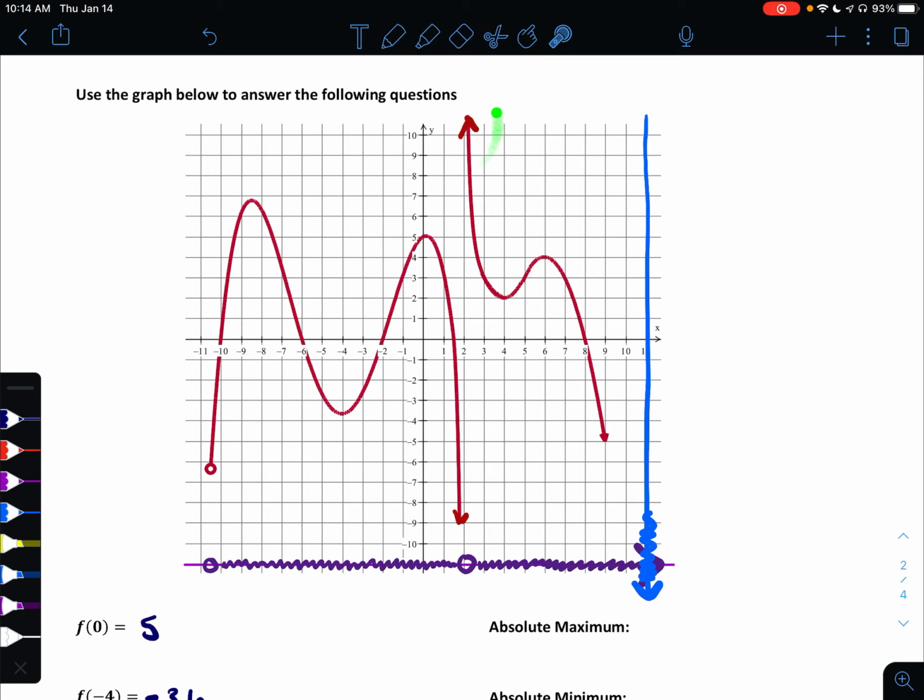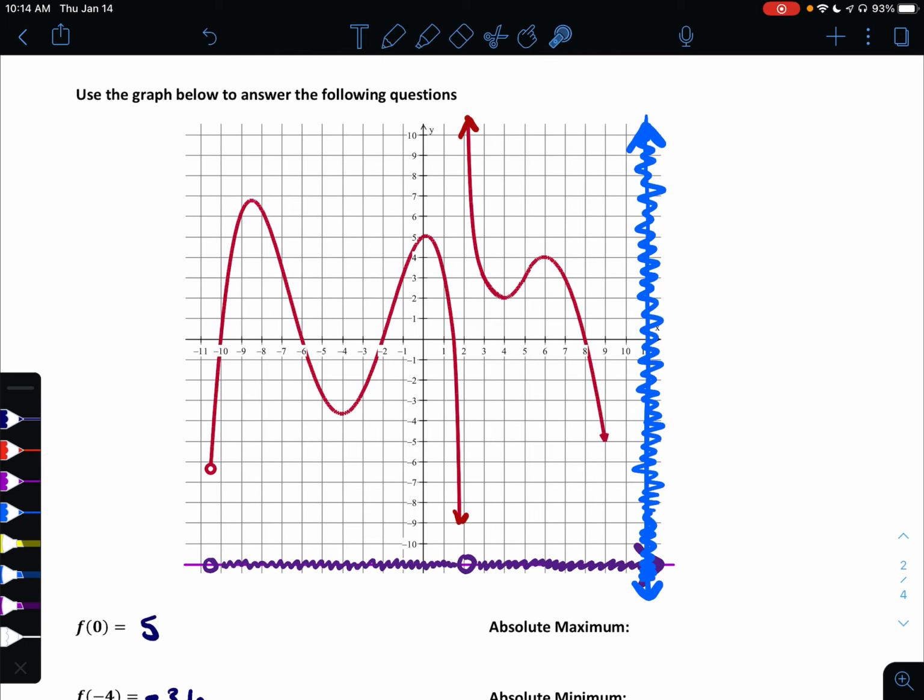And then this arrow right here keeps pointing up toward positive infinity, so it's just going to keep going. So the range on this one is just going to be all real numbers.